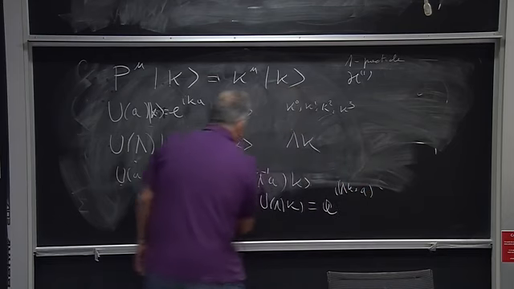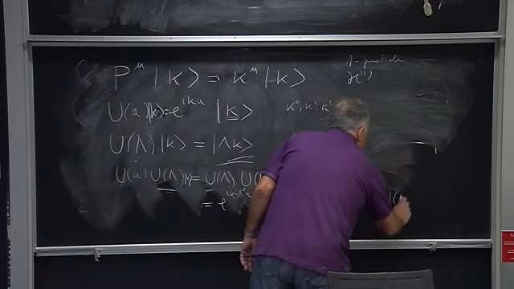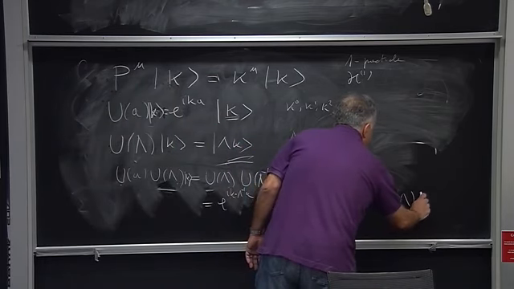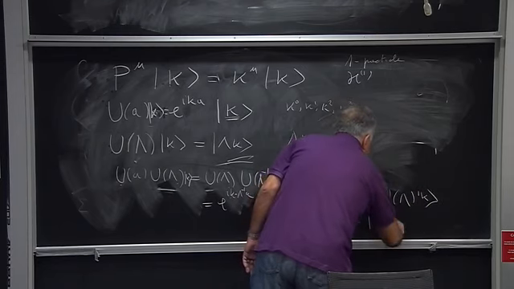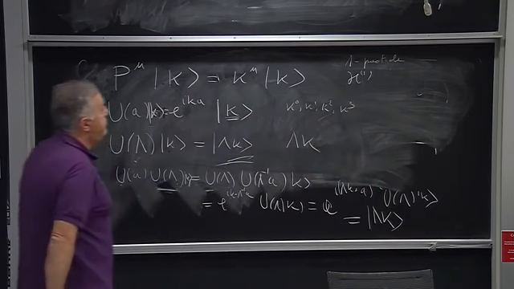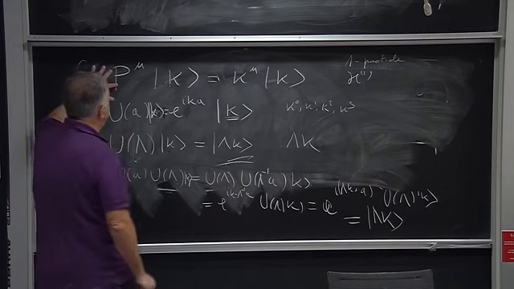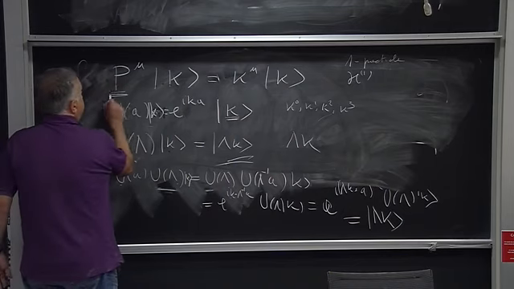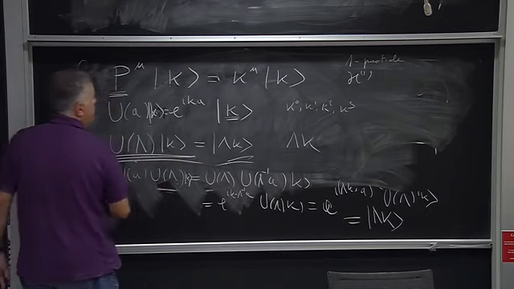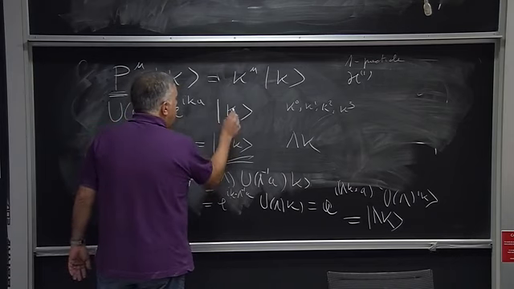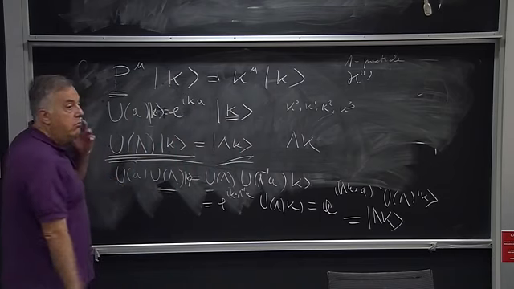Here there is always the Lorentzian inner product. Apply to U of lambda k, and this shows that this is proportional to lambda k. This is the first step: how the representation of the translation group and of the Lorentz group act on a basis of states which diagonalize the energy momentum.